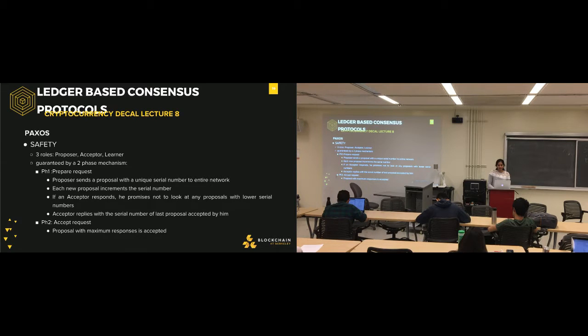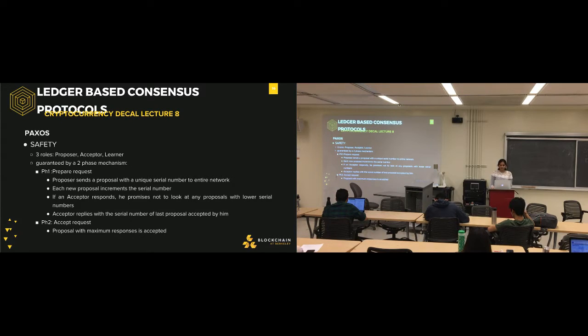If an acceptor responds to the proposal he received, he promises to not look at any proposals with serial numbers less than the one that he just received. And then the acceptor responds with the serial number of the last proposal that was accepted by him. Not that he received, but note the wording, accepted by him.